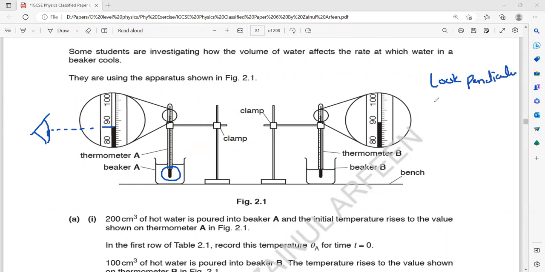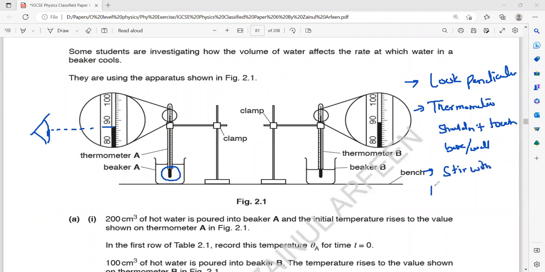So the three precautions related to this experiment are, number one, the parallax error, look perpendicular. Number two, the thermometer should not touch the base or the wall of the container. And third, we should stir with the thermometer, because in a liquid the transfer of heat is not uniform, it takes time to transfer the heat energy as there is convection.